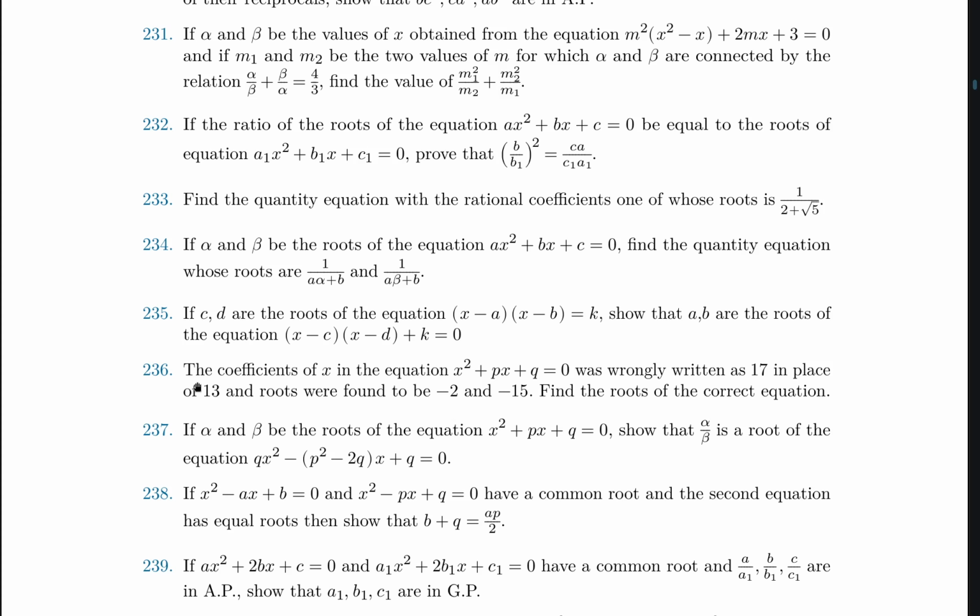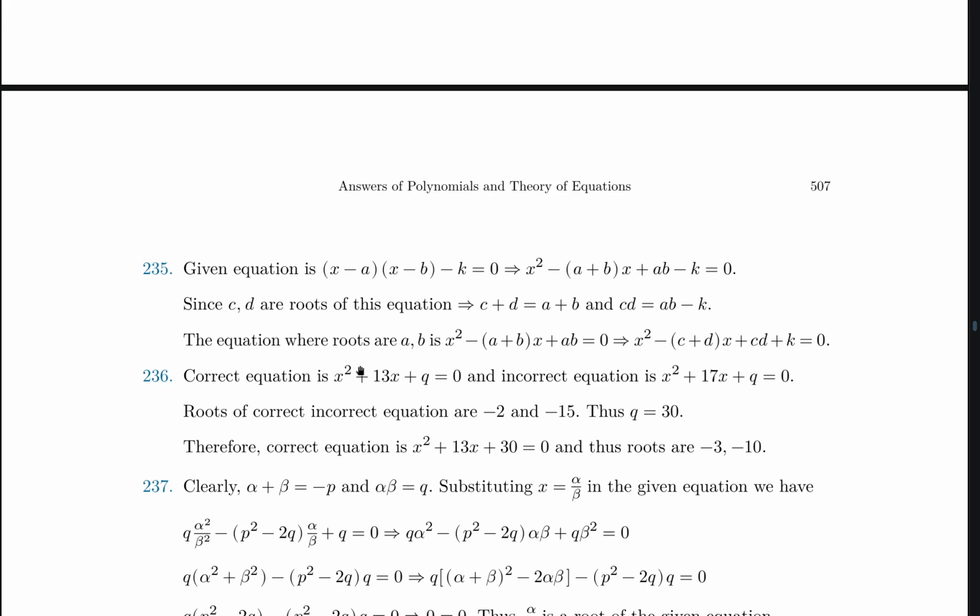Question 236 says that the coefficient of x in the equation x² + bx + q = 0 was wrongly written as 17 in place of 13, and roots were found to be -2 and -15. Find the roots of the correct equation. So the correct equation is x² + 13x + q and the incorrect equation is x² + 17x + q = 0.